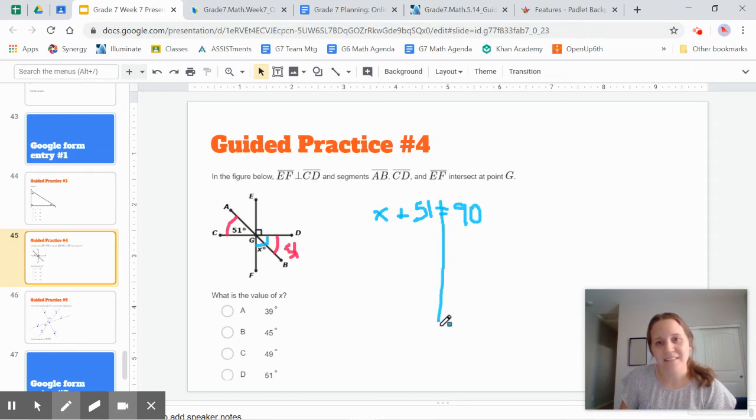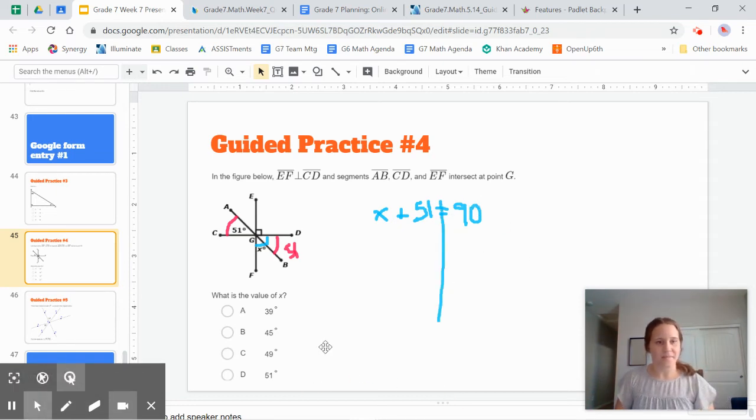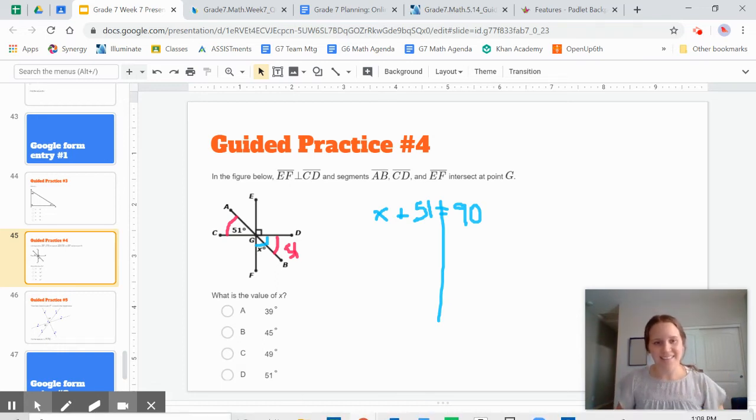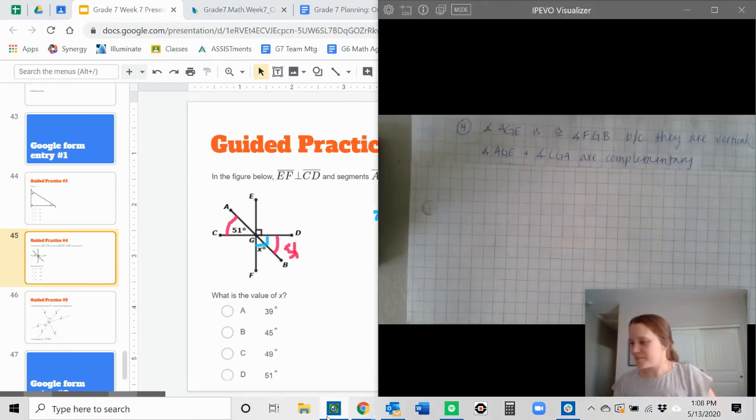Now solve. Awesome, did you get it? Here's what my work looks like.